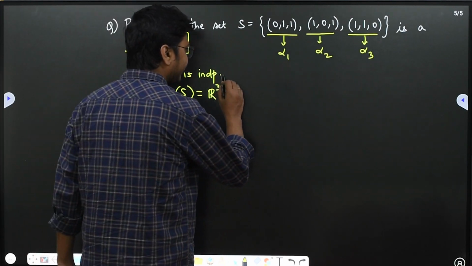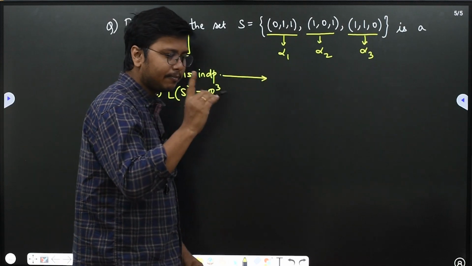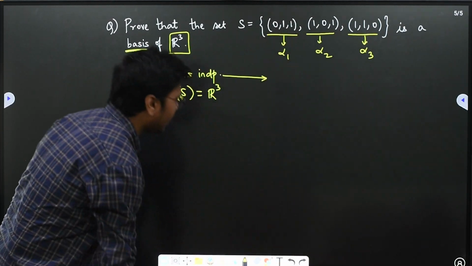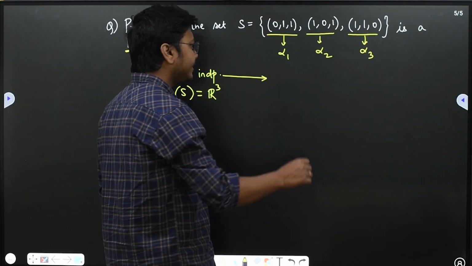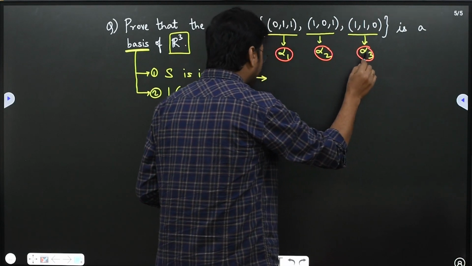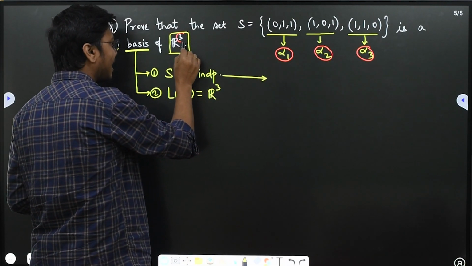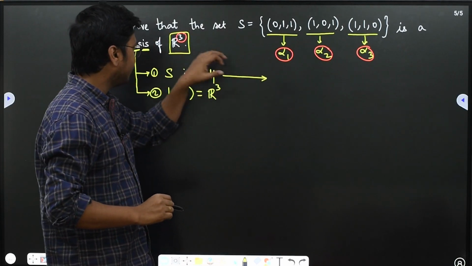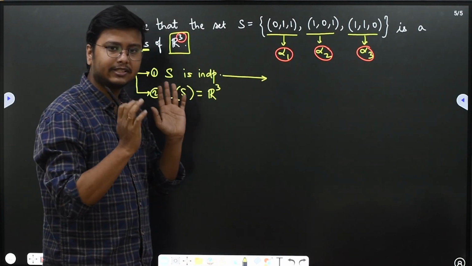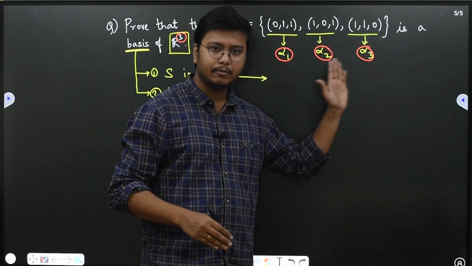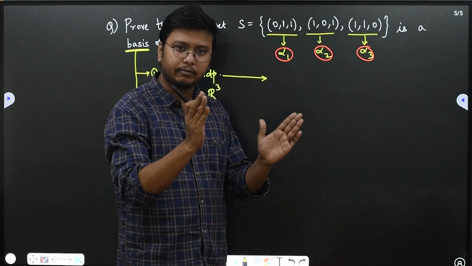Now to show S is independent, remember in my previous lecture on independence and dependence, I had told you that if the number of vectors, 1, 2, 3, matches the dimension of the vector space, then the fastest way of determining whether it is independent or not is by taking a determinant.